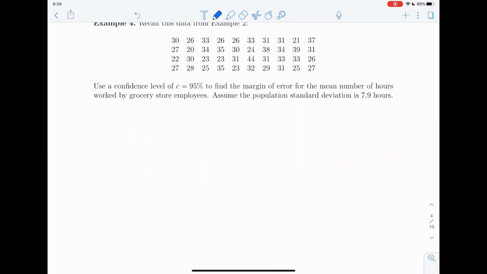So we're going to verify here that since sigma is known, we're in section 6.1. That's the content that we're in right now. We know from when this example was introduced in example 2, I highlighted the fact that the sample is random. So the sample is random.